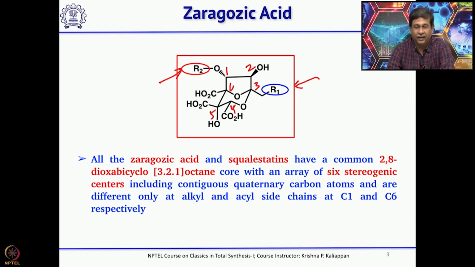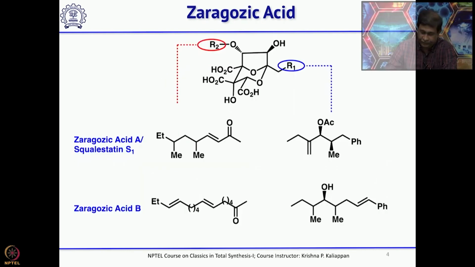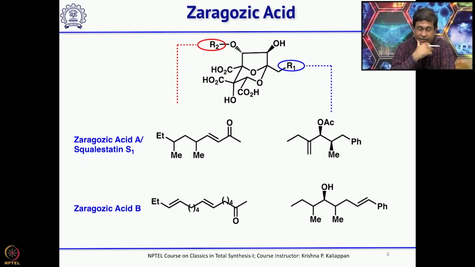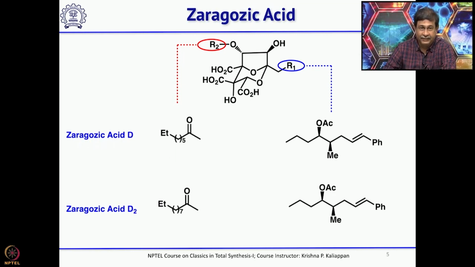And how many quaternary centers are there? At least 4 quaternary centers. So it is not that easy to synthesize such a complex molecule having 6 stereogenic centers and also quaternary carbon atoms. These are some of the squalestatins, Zaragozic acids isolated from nature.